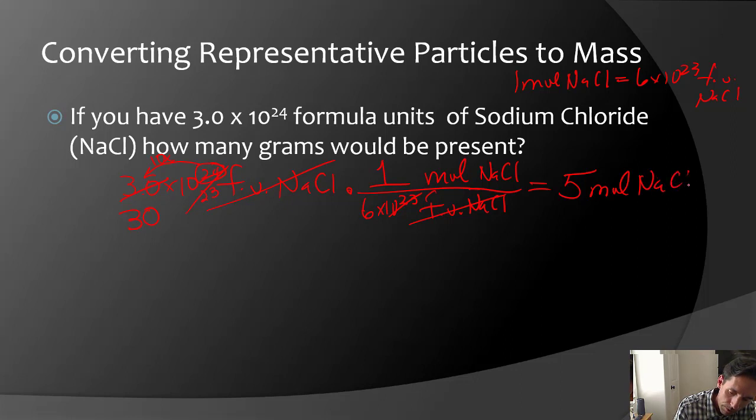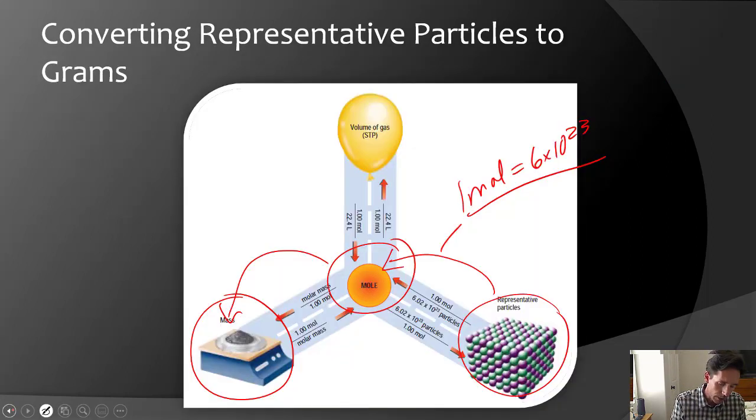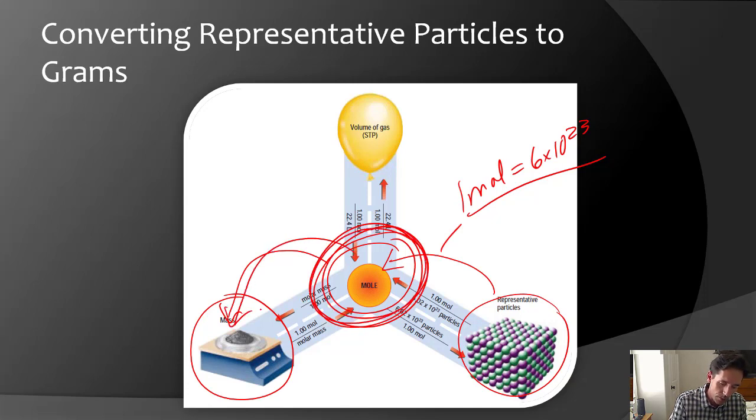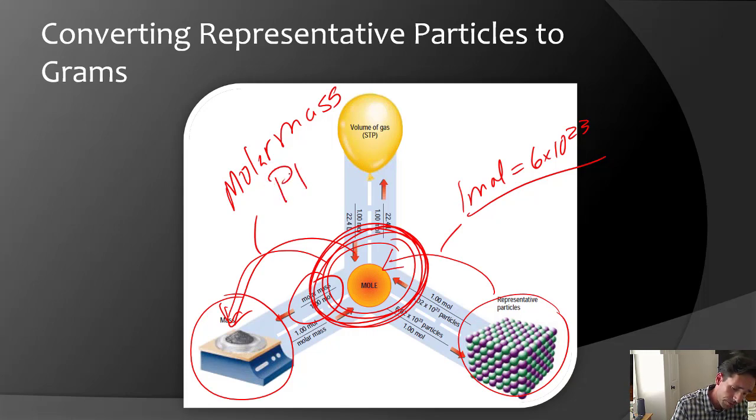moles of sodium chloride. Now, we're not done yet, because it's asking how many grams. We're at mole. We are right here in the mole map, which means we need to figure out the molar mass, which we've already done, of sodium chloride, which is found on the periodic table of elements.